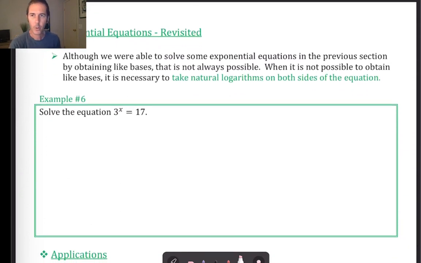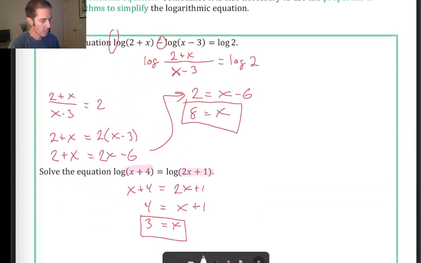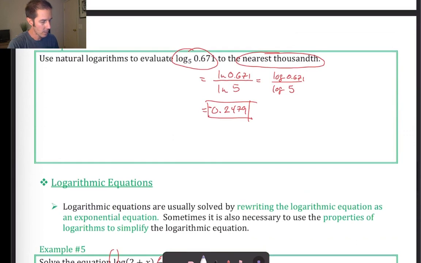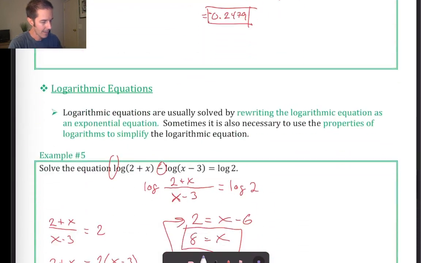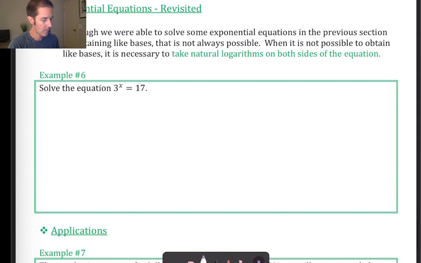And then we come back to a quick revisiting of exponential equations. We're coming back and looking at these because we've been working with logarithms and logarithms and logarithms, and even though this question at a glance might not look like a logarithmic equation, we do indeed need to utilize logarithms. It doesn't matter whether you take the log or the natural log of both sides.